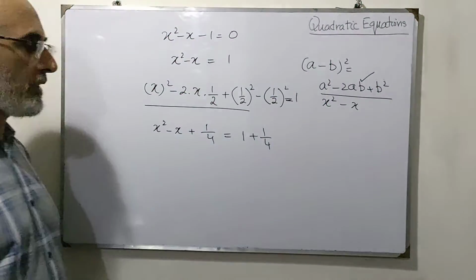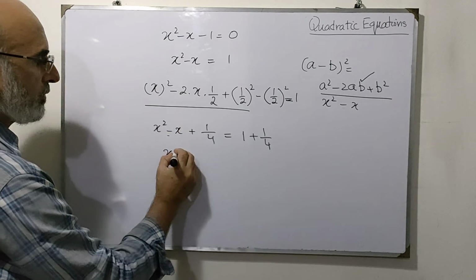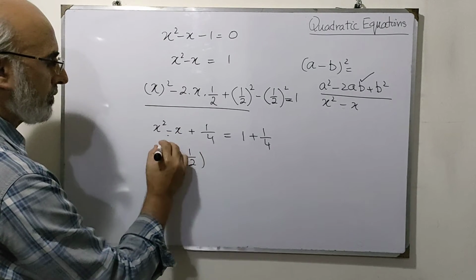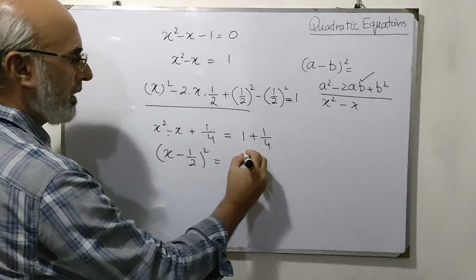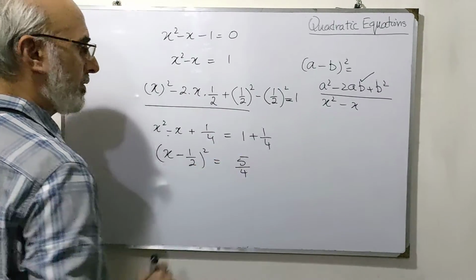I have taken this to the other side. Now this is x minus 1 over 2 square, and the right side becomes 5 over 4.